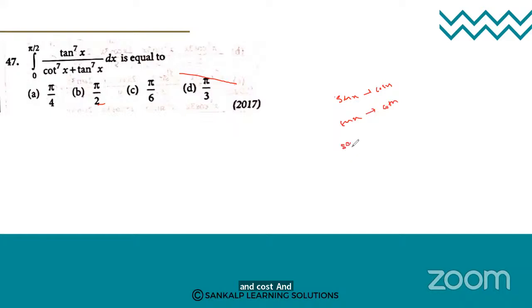Next, this example is similar to the example we had discussed with respect to sine and cos. Pay attention, whenever such terms are occurring, if the question is a mixture of sine and cos, tan and cot, sec and cosec, these are all co-ratios.